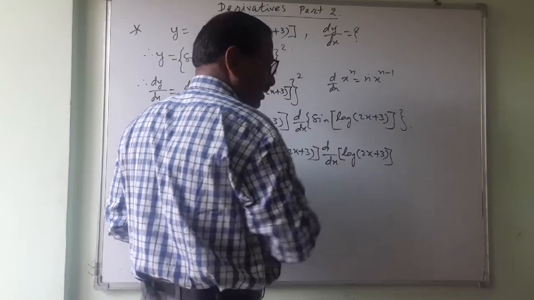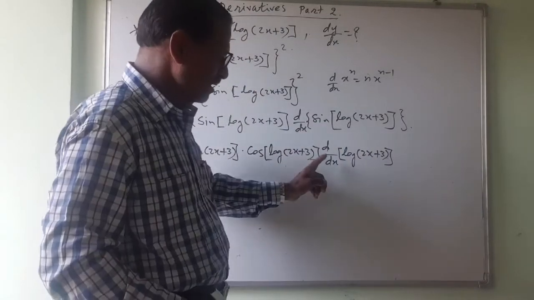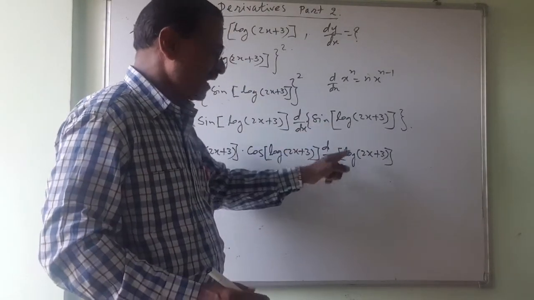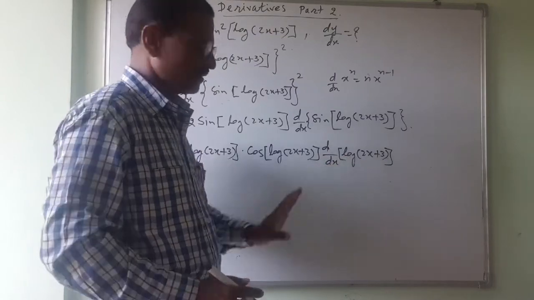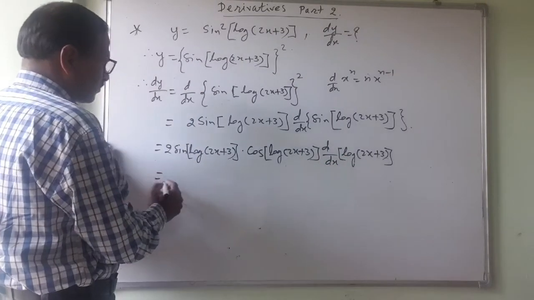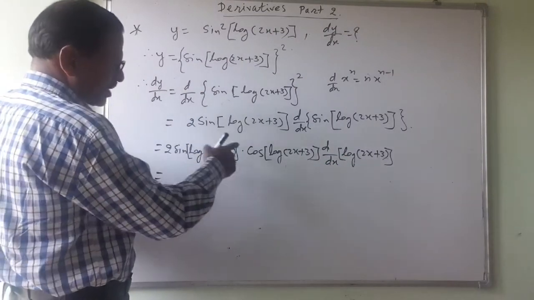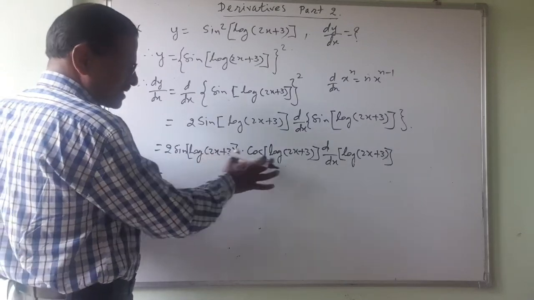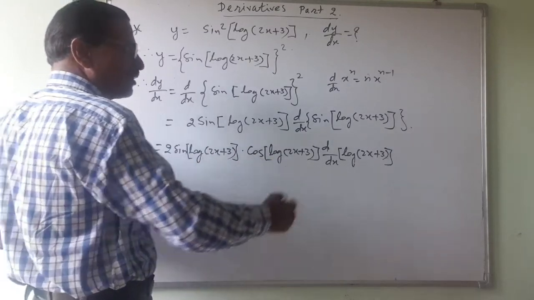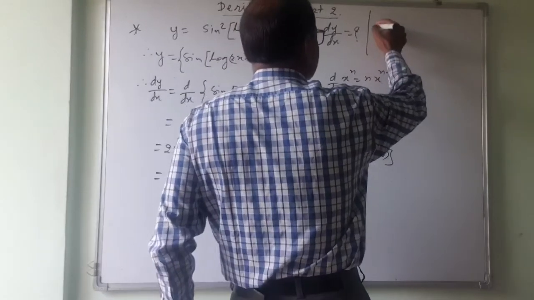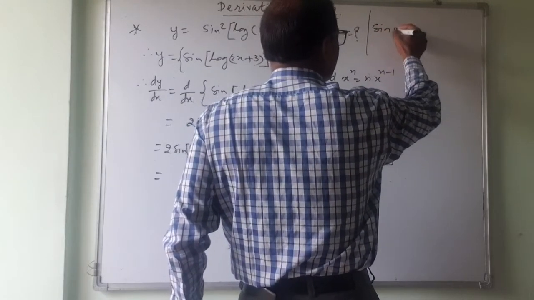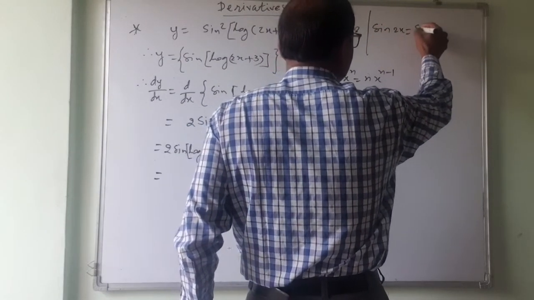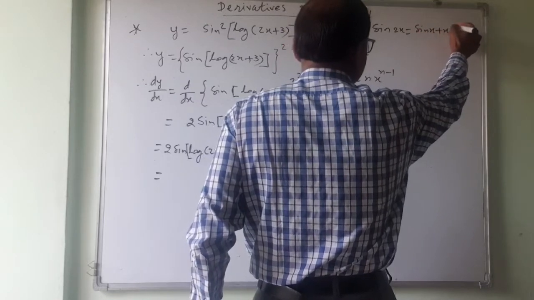On this I have to take the derivative. The meaning of this is, take the derivative of this function. So this is equal to 2 sine cos, with the same angle, which is equal to sine 2 theta. Sine 2x is equal to sine of x plus x.